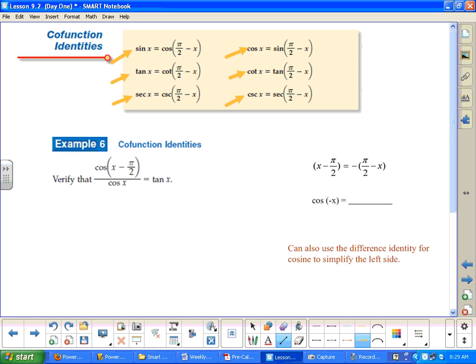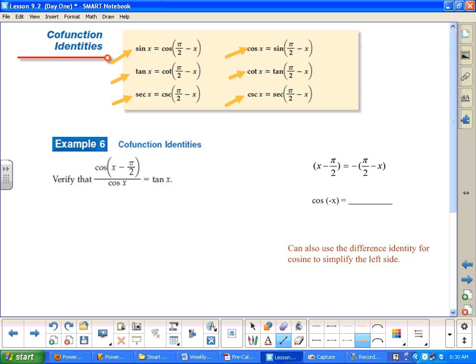So we're going to use those facts, and those should make sense to you, because if you think about the unit circle for a second, if you think about the sine of pi over 3, okay? If I take pi over 2 and subtract pi over 3, I get pi over 6.